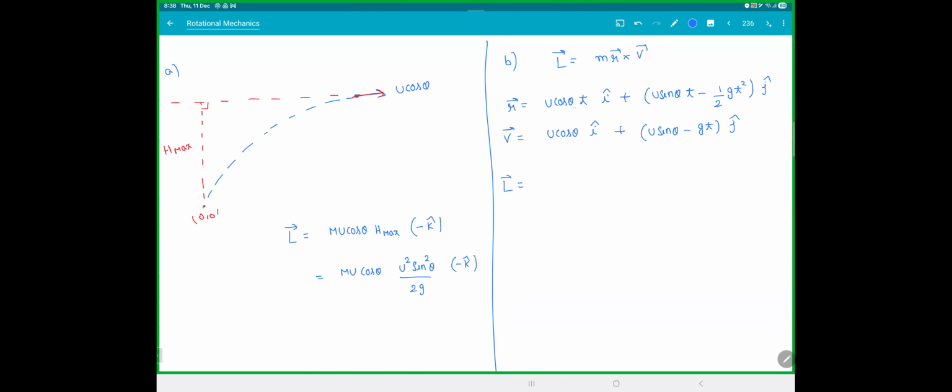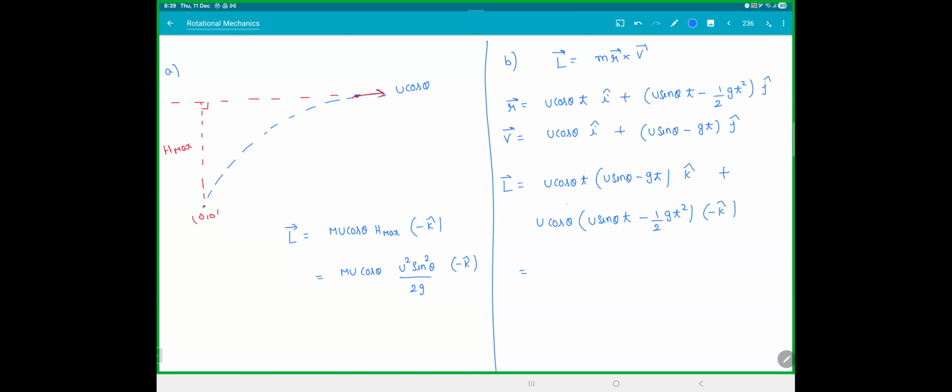U cos theta t i cap, and u cos theta t, with u sin theta minus g t. I cross j will be k cap plus, and that will be j cross i, that will be minus k cap.